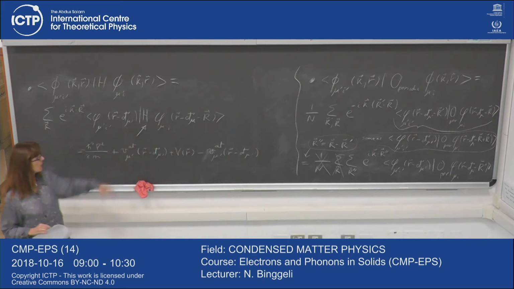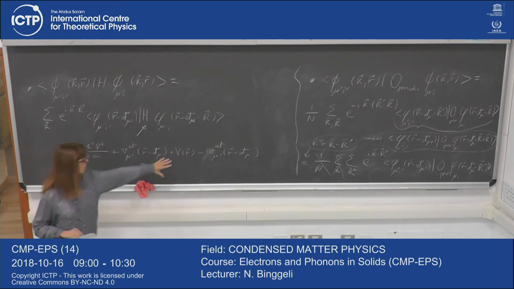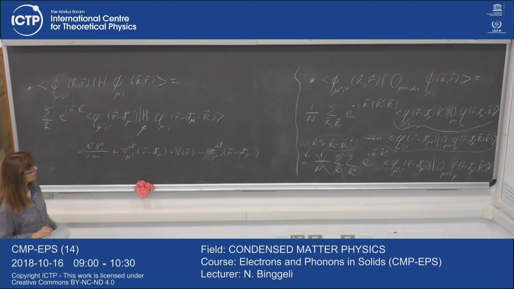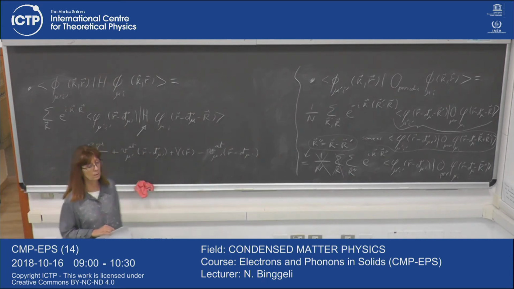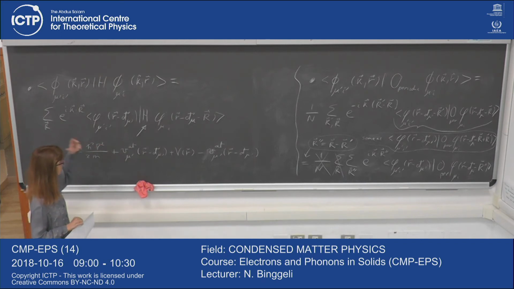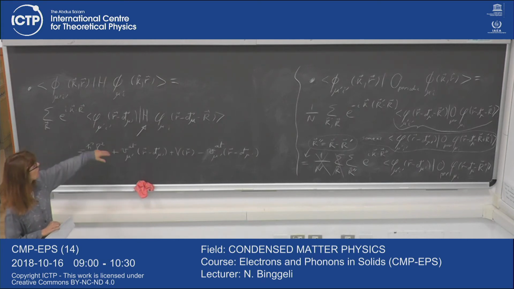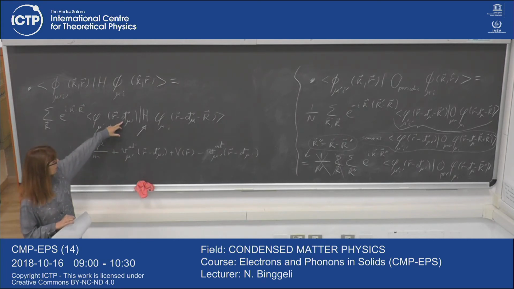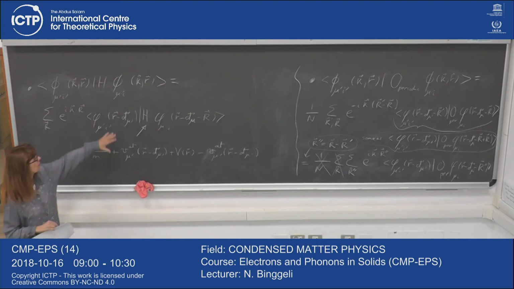So my Hamiltonian, I wrote it as the crystal potential, the kinetic part, and then I have added and subtracted the same thing. What I have added here is the atomic potential for the atom mu prime, centered on the atom mu prime in the cell near the origin.